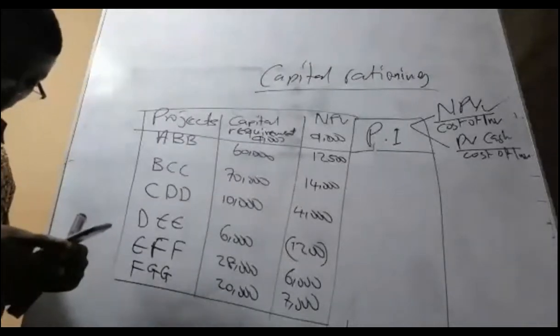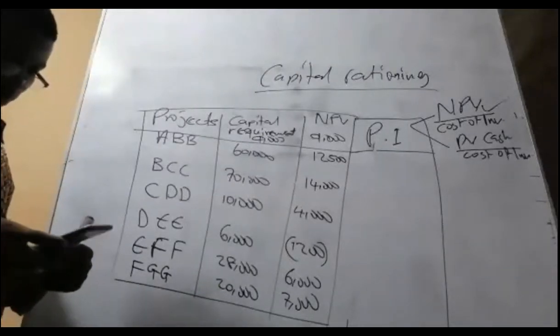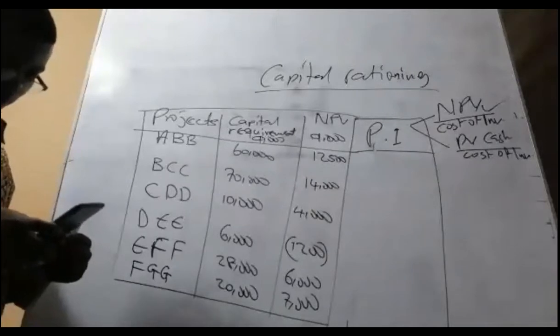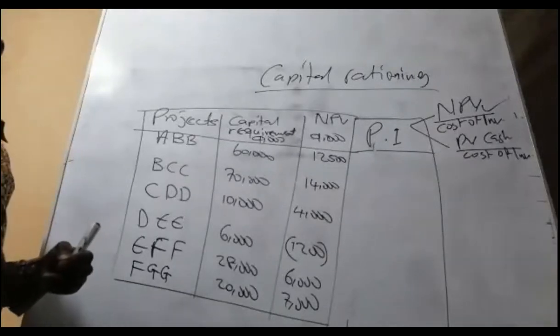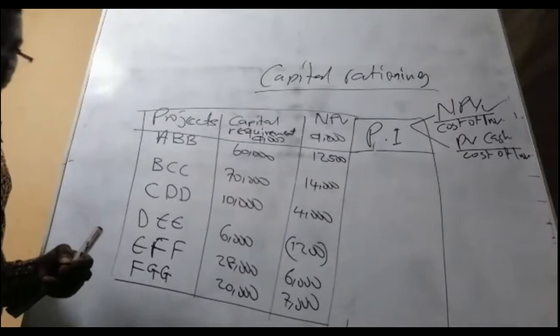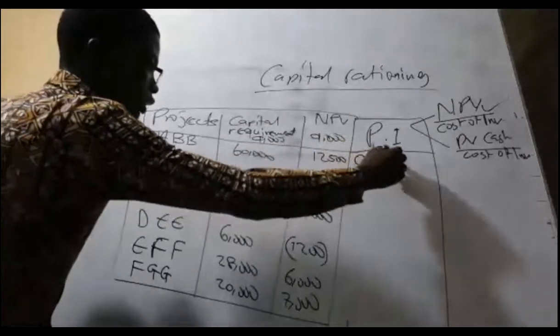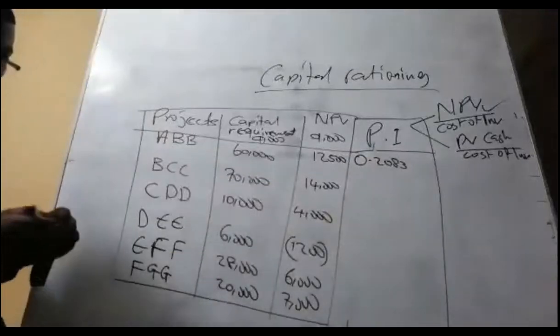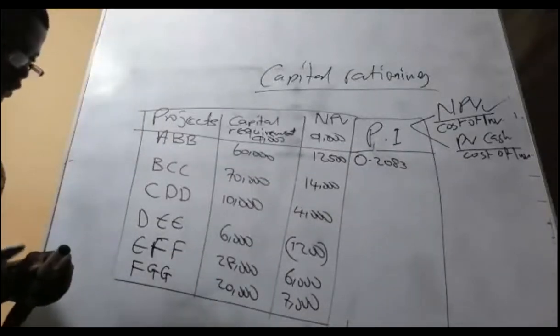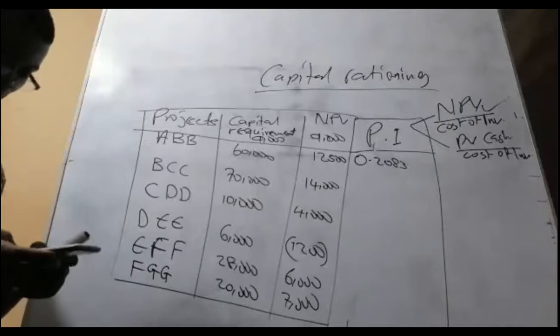So 12,500 divided by 60,000, I get 0.2083. I'll go to the next one. 14,000 divided by 70,000.